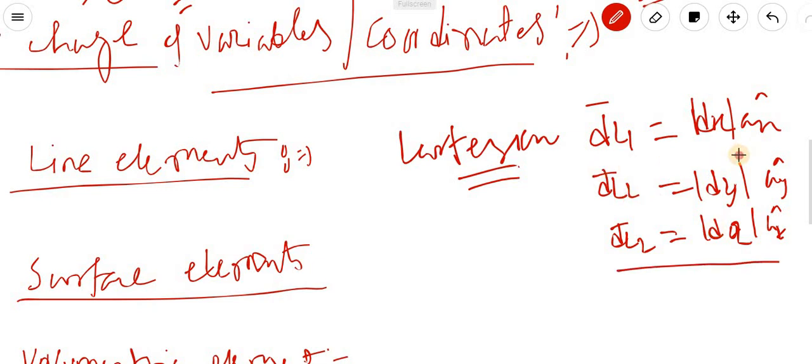This is the expression of line elements for Cartesian coordinates.